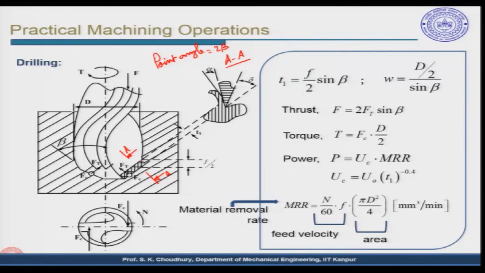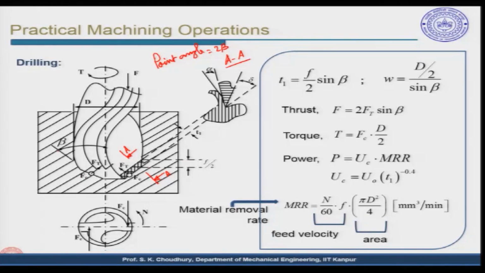Therefore, the movement of the tool towards the workpiece, that is penetration of the tool, by one rotation of the drill will be defined as the feed, and the distance between this point and this point is given by F by 2, because the total feed is F and it is distributed by both of these teeth.